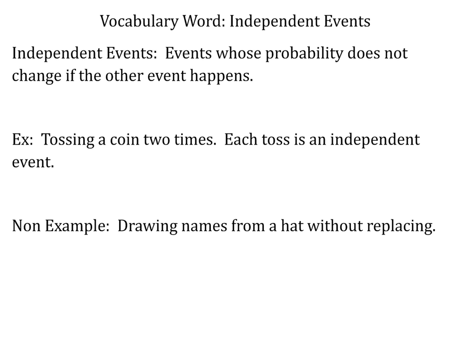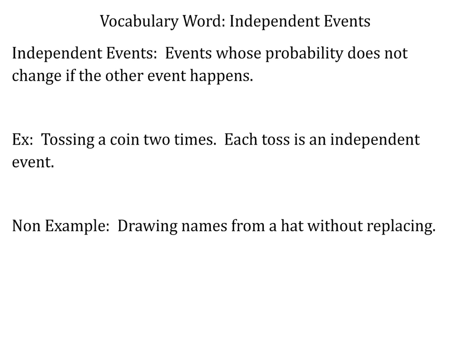An example of a dependent event is drawing names from a hat and then not replacing that name. For example, if we've got 10 names and one of those names is John, and I draw one name out of the hat and it's not John, now there's not 10 names anymore. Now there's 9 names.